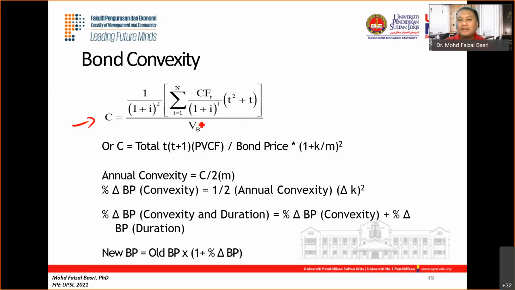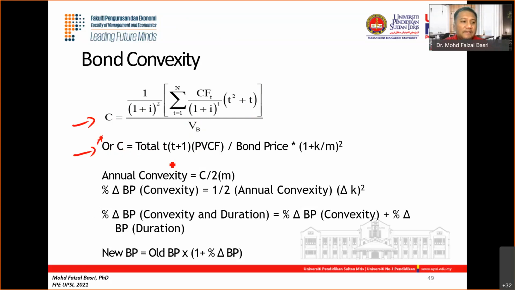To simplify the equation, I come up with this formula, and this formula, the C formula for the second part here, I put a star here, is actually where we can extend our original table before.